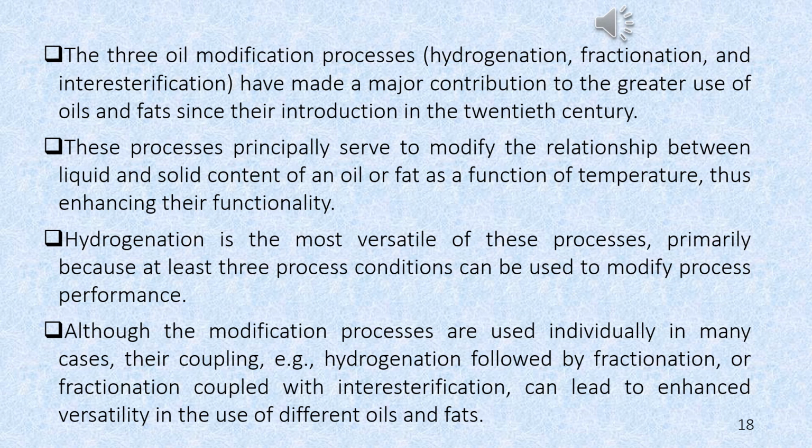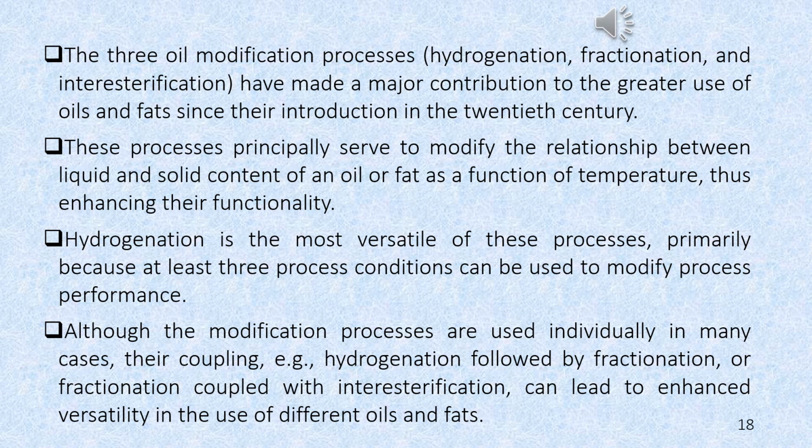Hydrogenation is the most important or most versatile of these processes, primarily because at least three process conditions can be used to modify process performance. So above all the processes of modification, hydrogenation is a very important process. So you have studied that there are three important processes of modification: hydrogenation, fractionation, and interesterification.